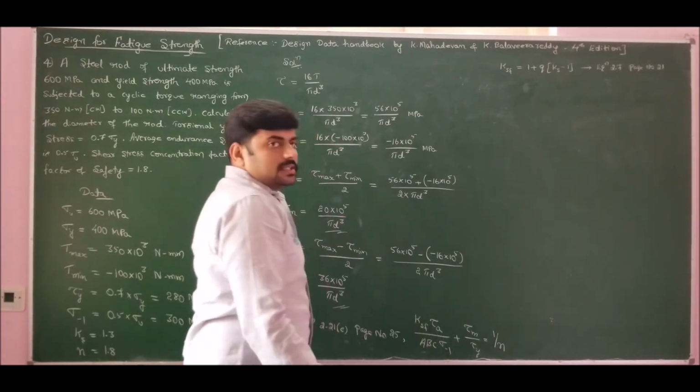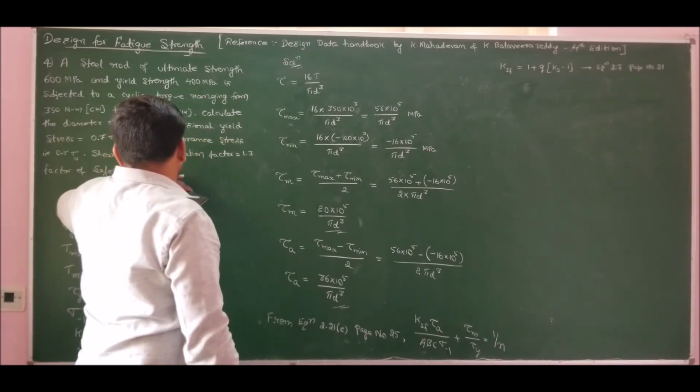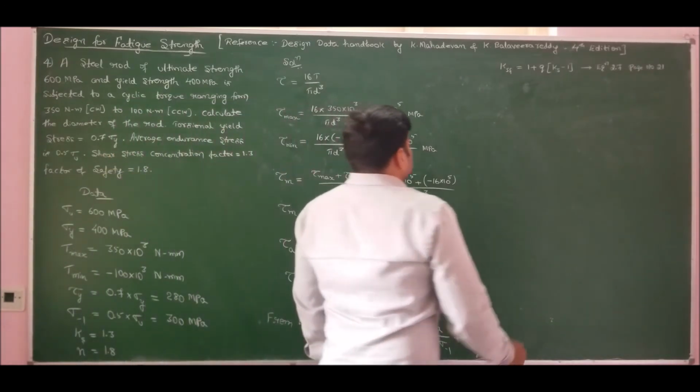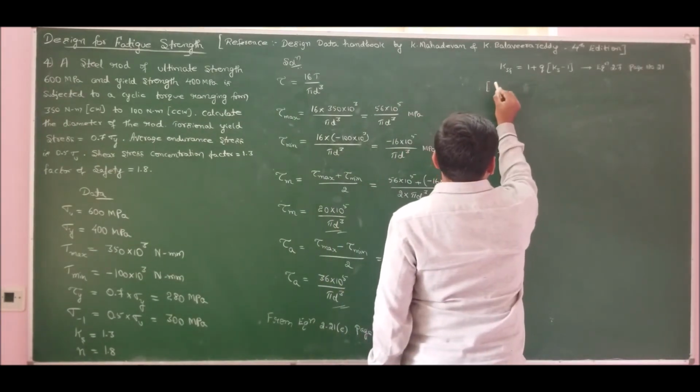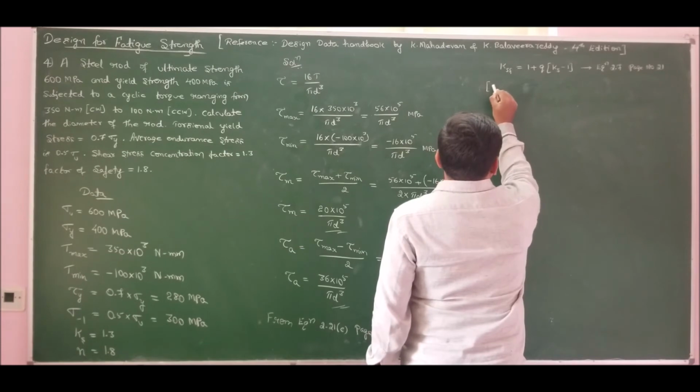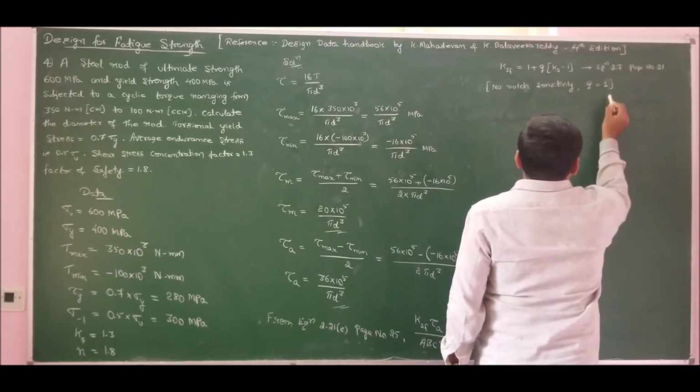Now he has given the stress concentration factor in shear as 1.3. Since no information is given with respect to notch, let us consider the notch sensitivity as unity. So no notch sensitivity, assume the value of q as 1.